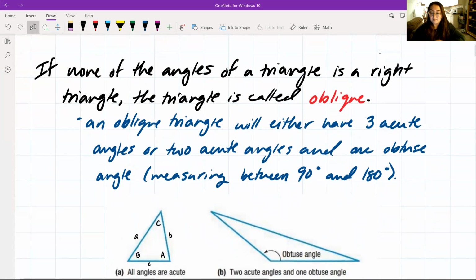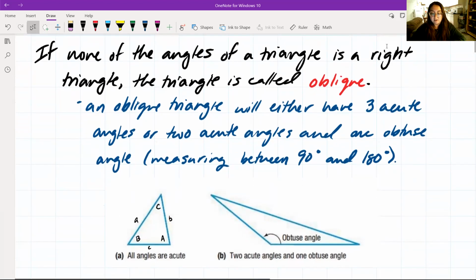Before we jump right into it, we want to go over some new terminology for triangles. If none of the angles of a triangle is a right angle, then the triangle is called oblique. This means that all of our angles are going to be less than or greater than 90 degrees.